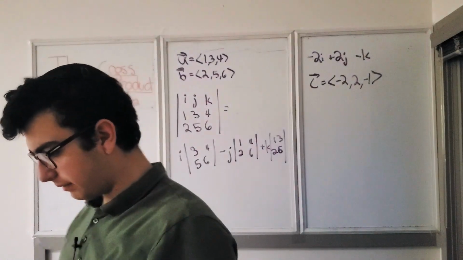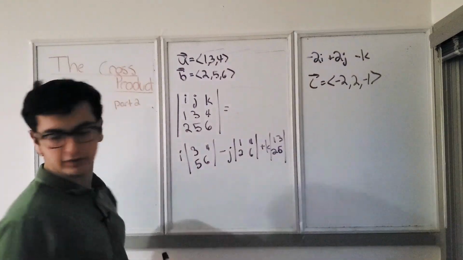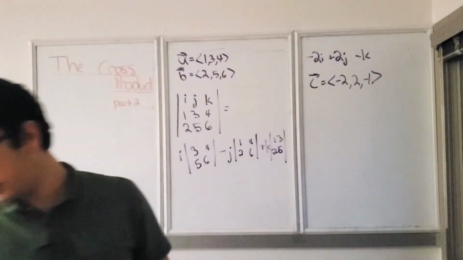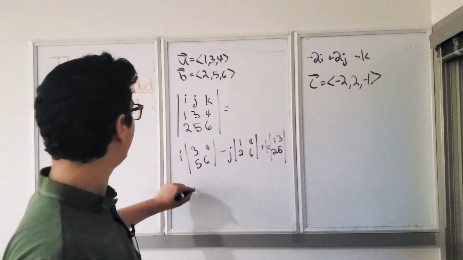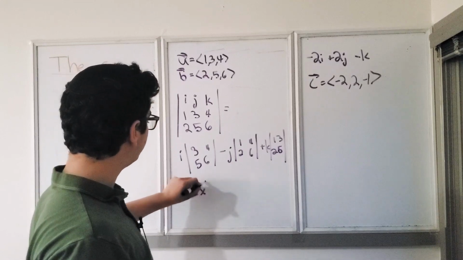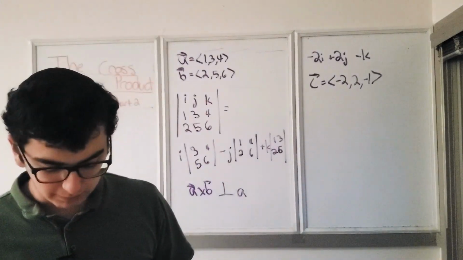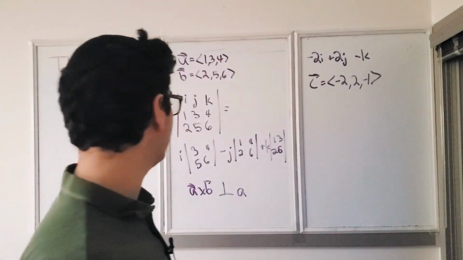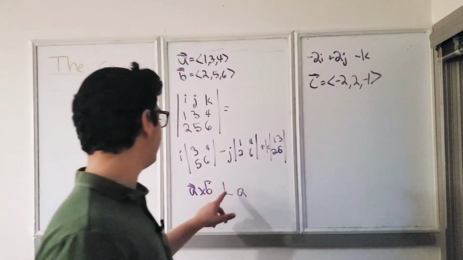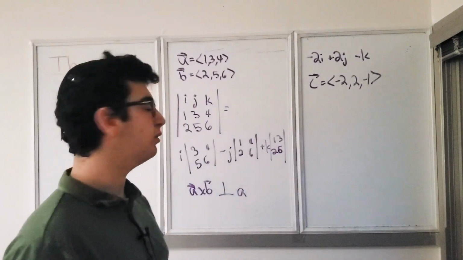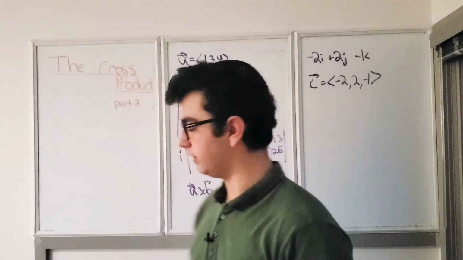And now you should have a pretty good grasp on what the cross product is. I'm just going to go ahead and do one more thing. I'm going to basically prove that the vector A cross B is in fact perpendicular to that vector A. And if you remember from the dot product, if two things are perpendicular, then their dot product will be 0, because their cosine of theta would be 0, because that theta is pi over 2.